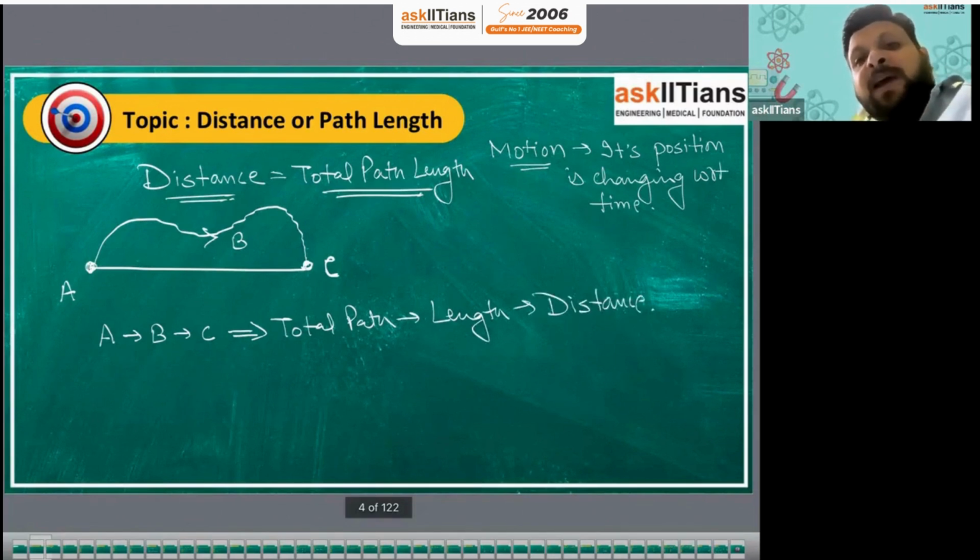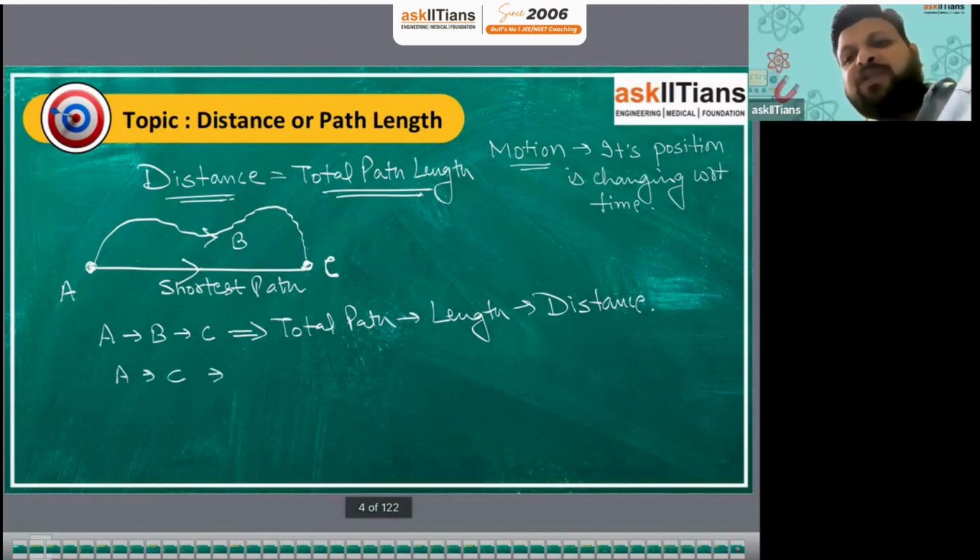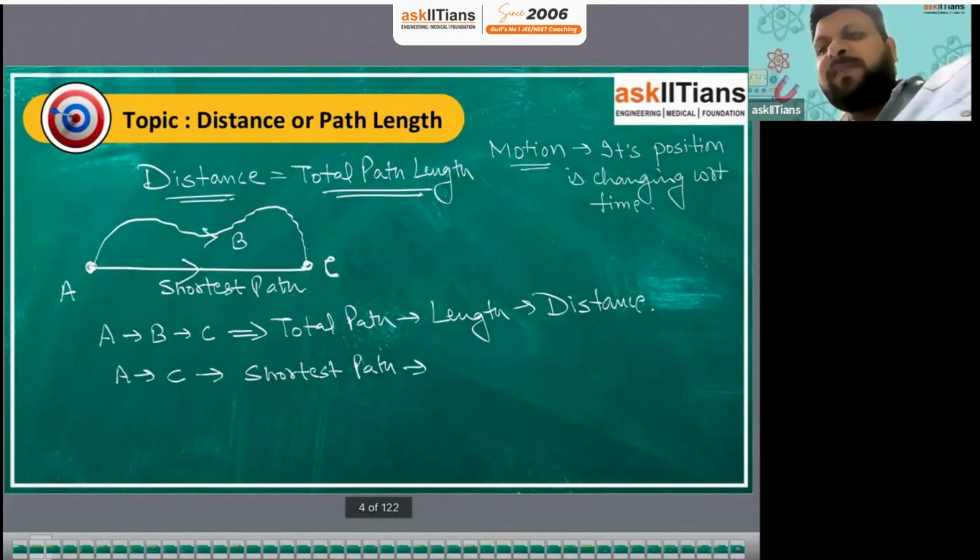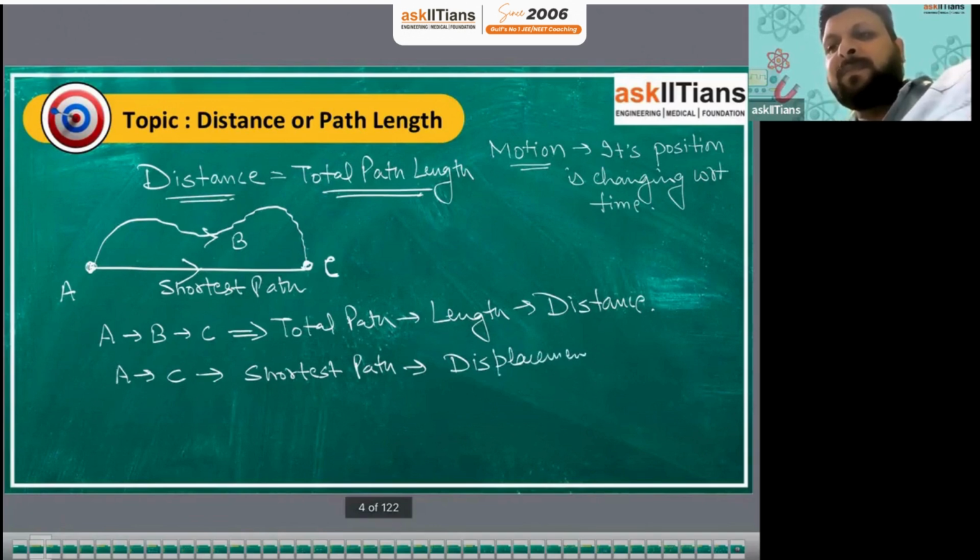But if the person directly reaches to point C, this is the shortest path. So A to C will be the shortest path, and that shortest path is known as the displacement. Clear? So total path length is the distance and shortest path is the displacement. Clear?